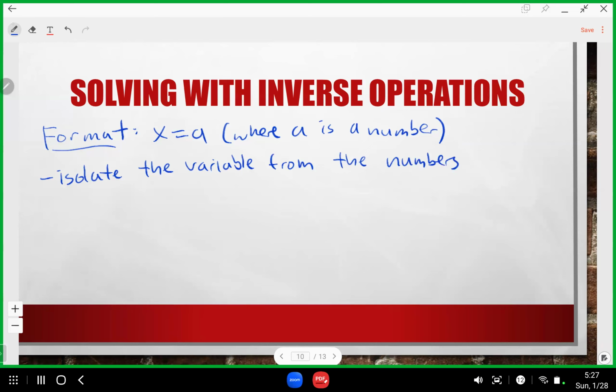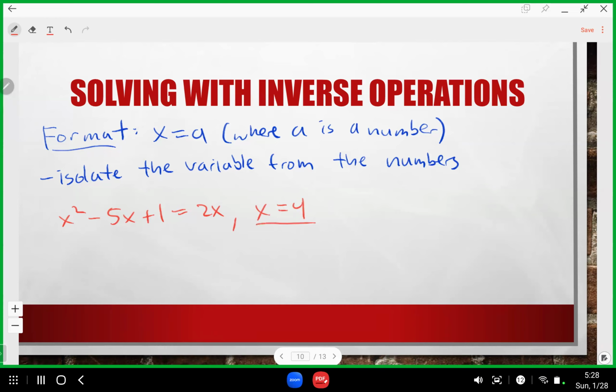When you have, for example, x squared minus 5x plus 1 is equal to 2x, you can't find out what x is. But when you have it in this form, x is equal to 4, you know what x is.